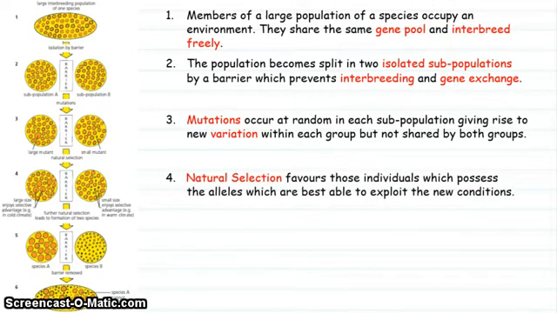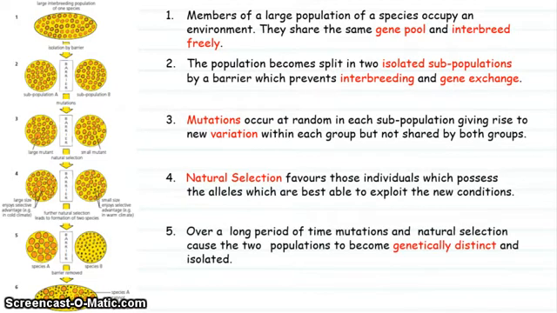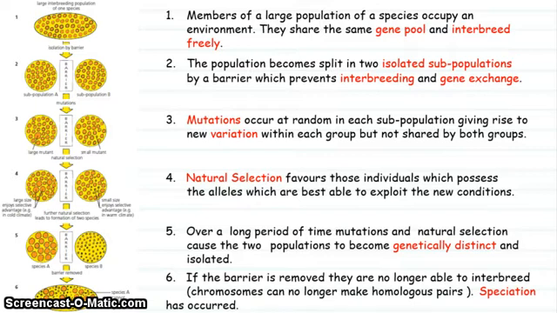Natural selection will act on those mutations and will favor those individuals with beneficial alleles. Over a long period of time, the two populations become genetically distinct, and if the barrier were to be removed, then you would have two separate species which were no longer able to interbreed and produce fertile offspring. So at that point, speciation would have occurred.